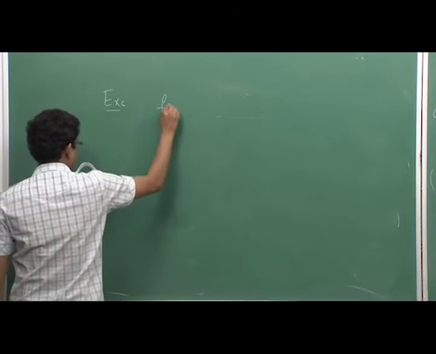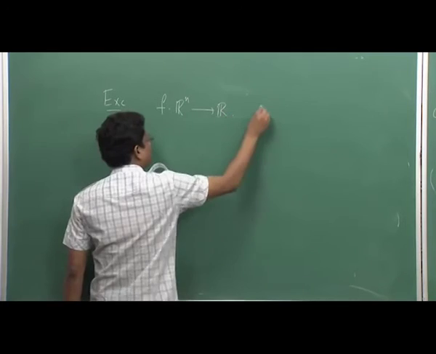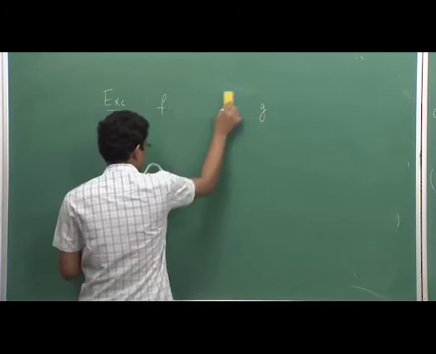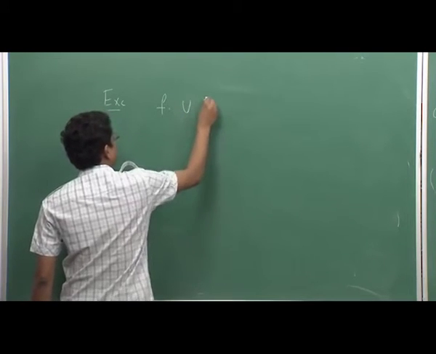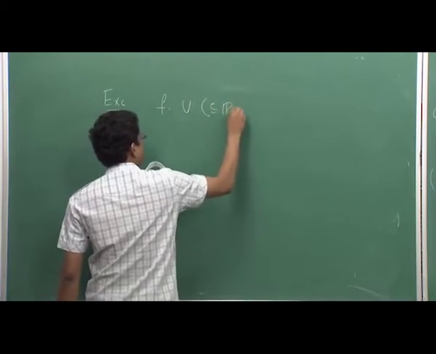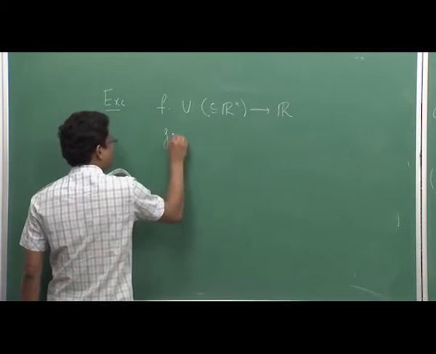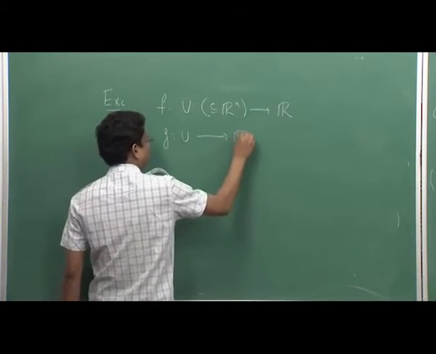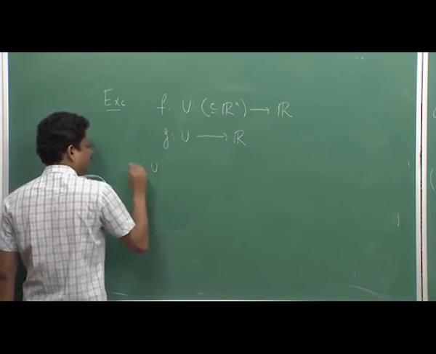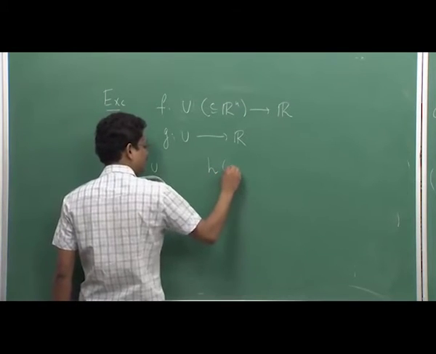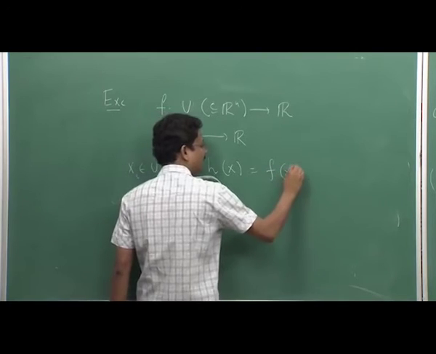Suppose I have f from an open set U in Rn to R, real valued, and so is G from U to R, and x naught in U. Then I can define this new function Hx equal to Fx, which is a real number, times Gx.